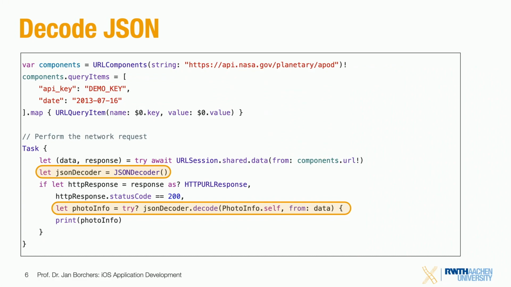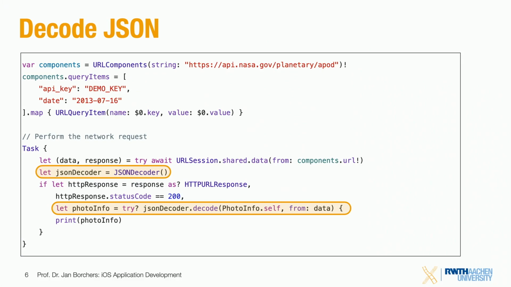And from there, then we're initializing the JSON decoder. And after we've checked here that the response is a success, so casting this as an HTTP URL response, and the status code is 200, which is, yeah, everything worked. We got the data. Then we're trying to, so yeah, here we have the try keyword, decode the data that we get back as our photo info. That is the model that we just described.